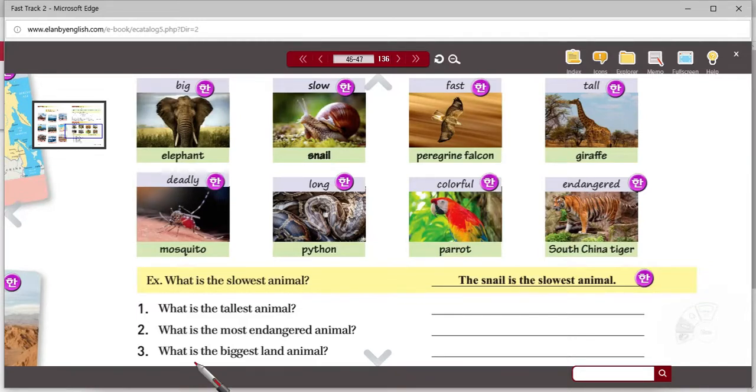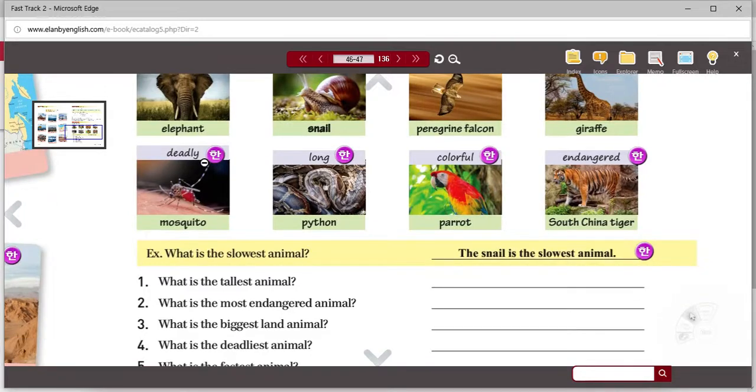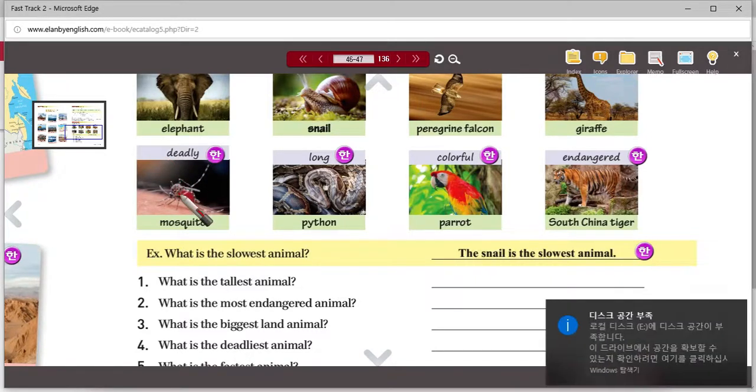So there's two ways to write it. Number three, what is the biggest land animal? The elephant is the biggest land animal. Okay. Number four, what is the deadliest animal? The deadliest animal, check that, the mosquito is the deadliest animal.